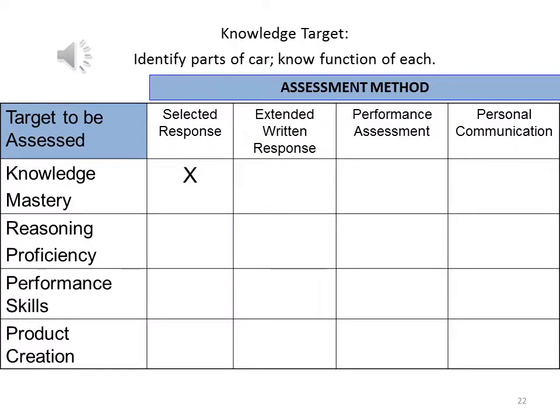Okay, let's go back. Remember that our standard is to drive a car with skill. So let's unpack it. First, we said that our knowledge target could be parts of the car, knowing the function of each, etc. So how can we assess the mastery of the knowledge target? This would be good for selected response. We need to know some very defined and concrete skills.